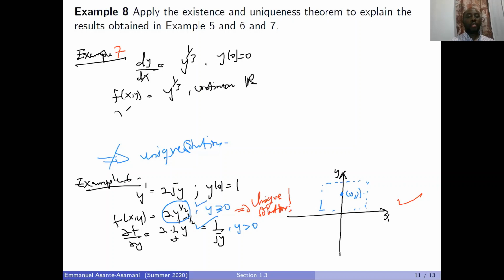However, the partial derivative with respect to y is now 1 over 3 y to the minus 2/3, which is 1 over 3 times the cube root of y squared.